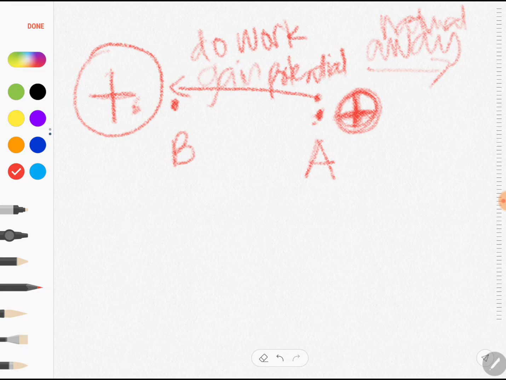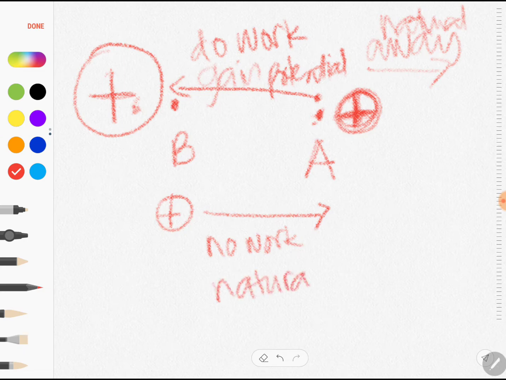However, if we want to move this positive charge from point B to point A, do we need to do work on it? No, we don't need to do work on it. Why? Because again, this is the natural movement of this positive charge when it is affected by this positive charge.